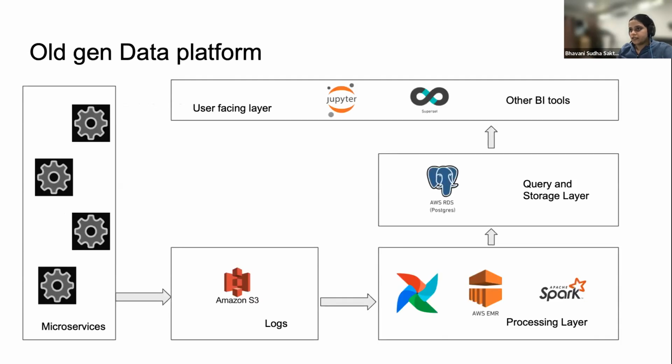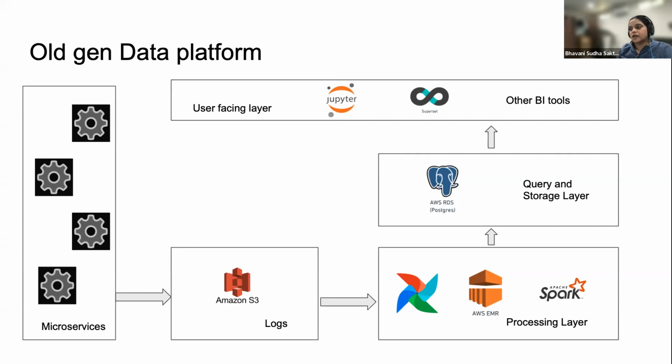So this is our previous architecture. The Moveworks AI platform is powered by many microservices that interact with each other to understand and respond to users engaging with the Moveworks chat application. These microservices produce logs, which are the source of truth data for our data analytics needs.